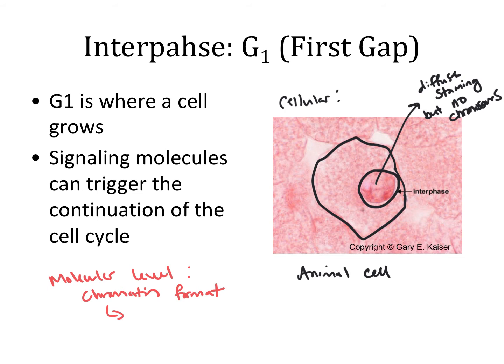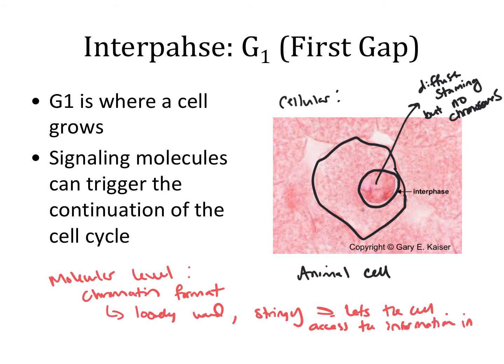So chromatin is the opposite of that. So these are loosely wound. It's very stringy. And this lets us access, or it lets the cell access, the information that's in the DNA, which we're going to learn about on Wednesday.